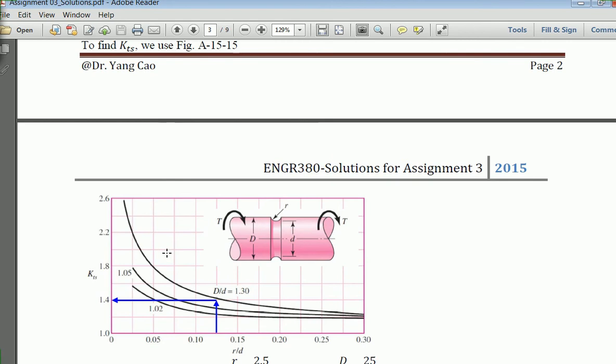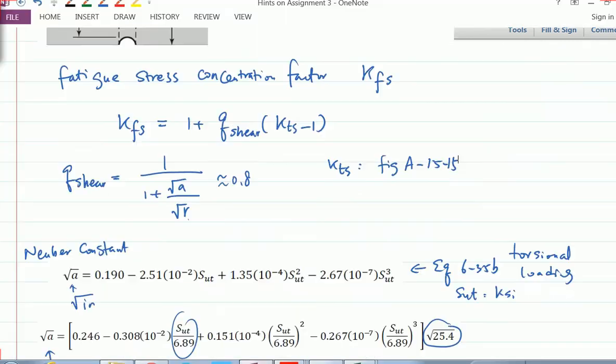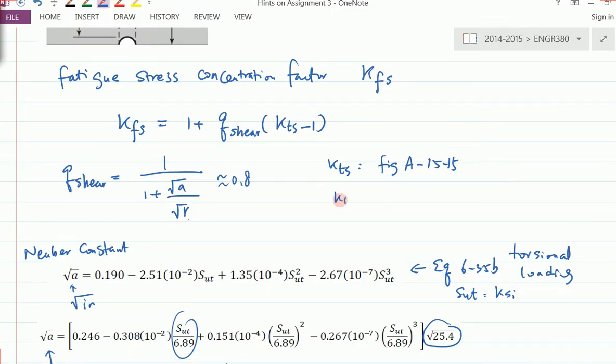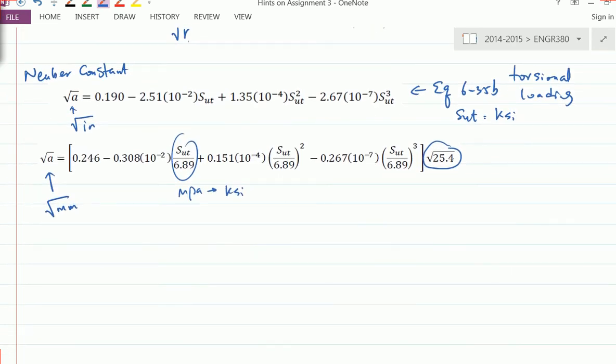Try to use properly the proportions and the dimensions, okay, as listed in the question. Find the ratio, and the KTS is about 1.4. So once you get the KTS and substitute it here, you'll be able to get a KFS, and that's about 1.32. Right? Okay. So that's the fatigue stress concentration factor.